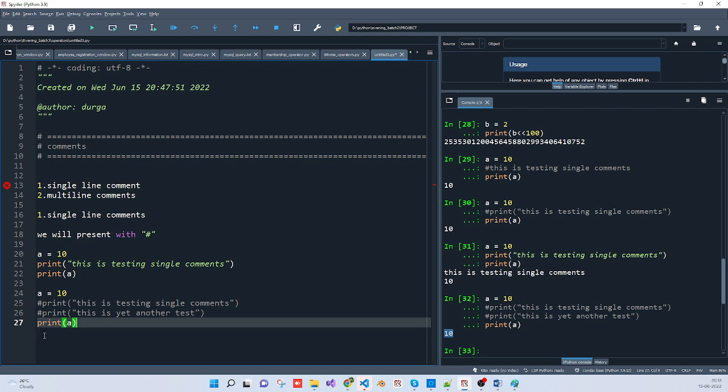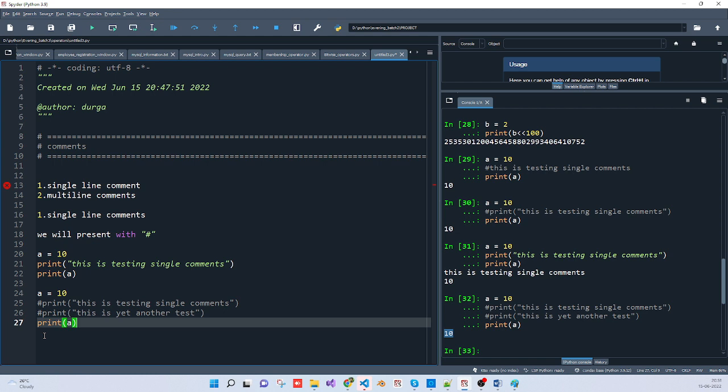But why do we require comments? What is the use of comments? Suppose you are writing the code. Sometime later a new joiner or some other developer will join, or your code will be given to your clients. They will not understand what a is, what this program is for, or who wrote this code.